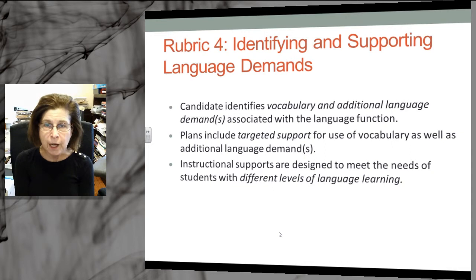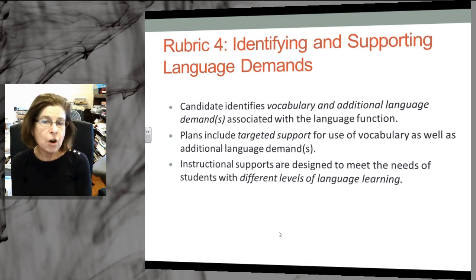With the edTPA, especially in ESOL, but in all fields of teaching, additional language demands are vital. That will include grammatical competence, pragmatic competence, discourse competence, and metalinguistic competence. And you need to be specific about what you are incorporating.